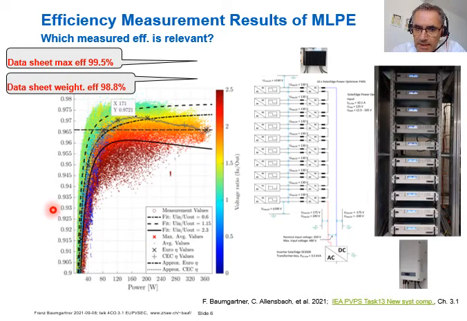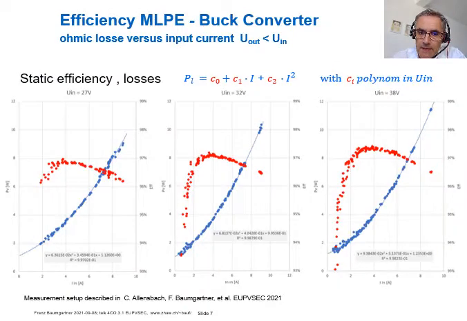And to answer that, we started with implementing a first loss model, as you see it here. And we propose a simple formula where you see the ohmic losses are proportional to the current squared, and these are switching losses and constant losses here.